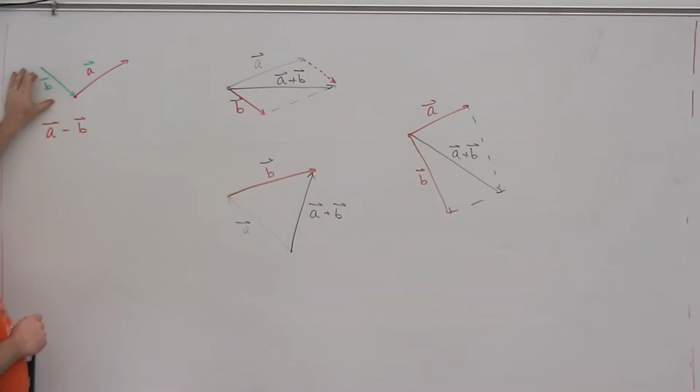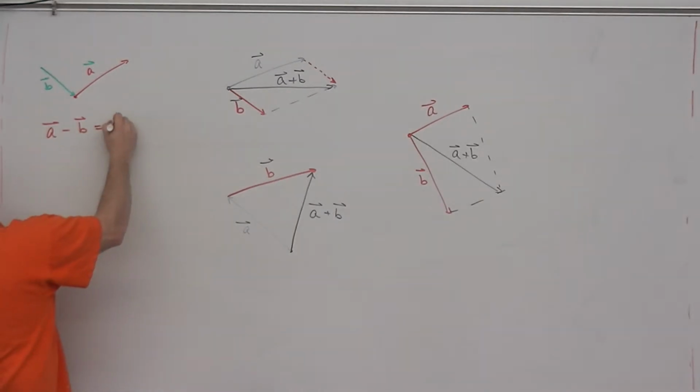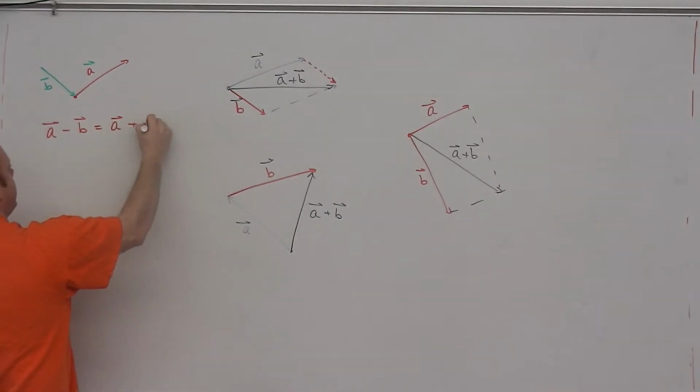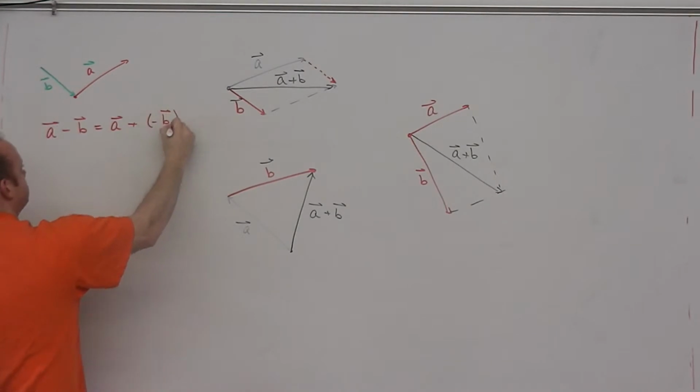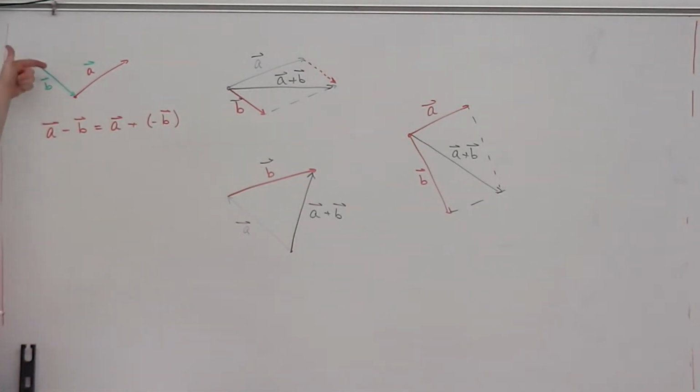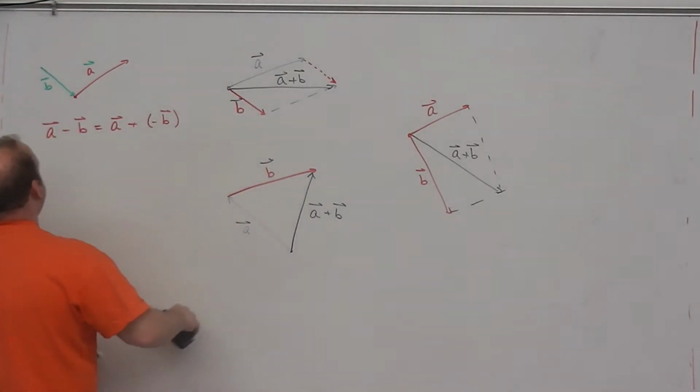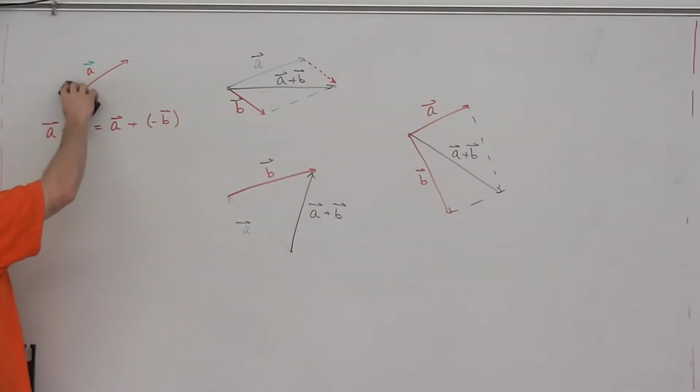What I have to do here is like saying the same thing as A plus a negative B. I'm just going to take this and flip it over, and make it point in the other direction.